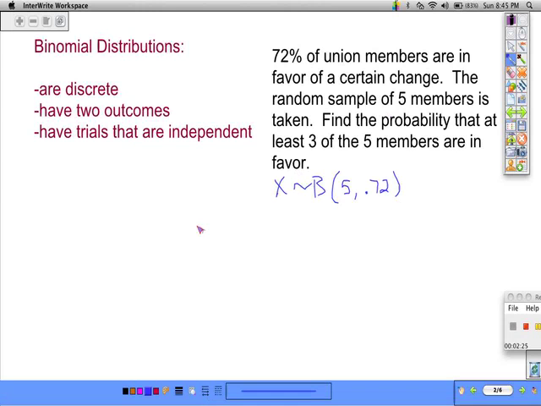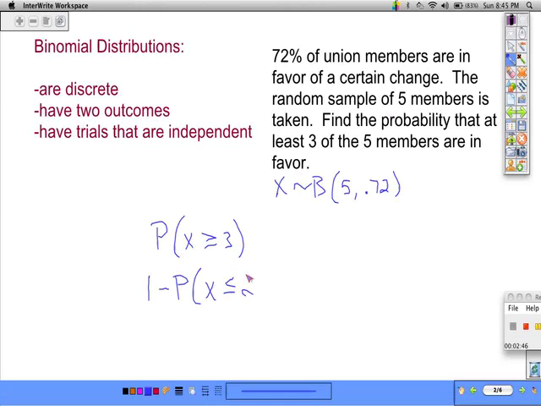And what we're looking for is the probability that X is bigger than or equal to 3. So 3 or 4 or 5. Remember, this is discrete, it's not continuous. And that's the same as 1 minus the probability that X is less than or equal to 2.